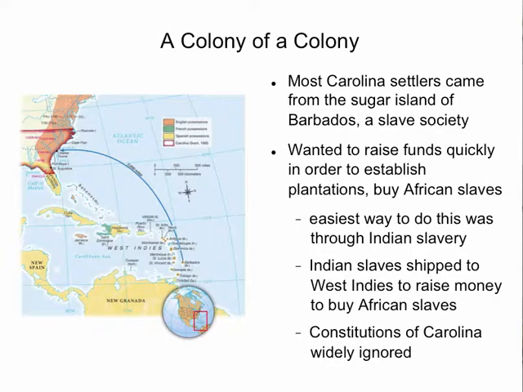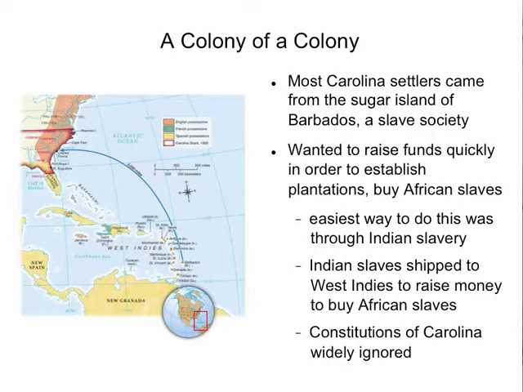What the Carolina settlers did was enslave Indians, sell them to the West Indies as slaves, and use the money that they got from that to buy African slaves for Carolina. It was a very clever strategy, diabolical strategy, you could say, but very clever, and it worked.